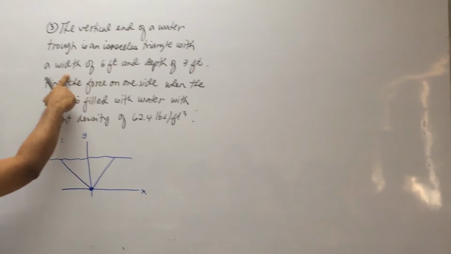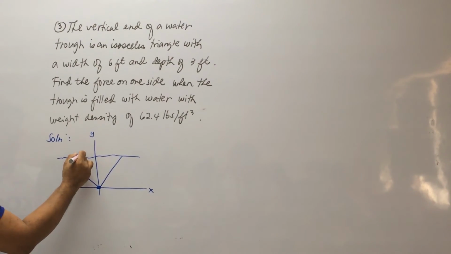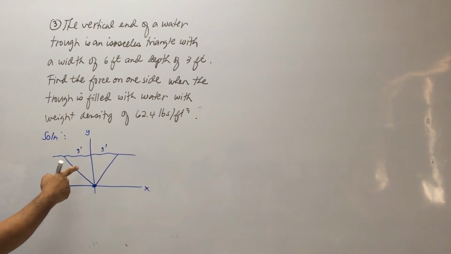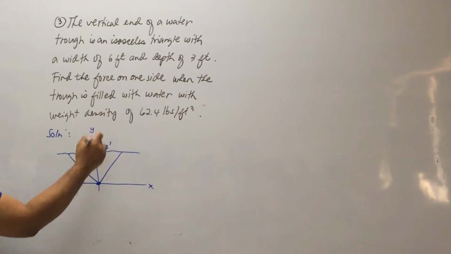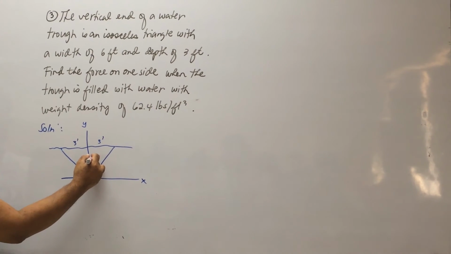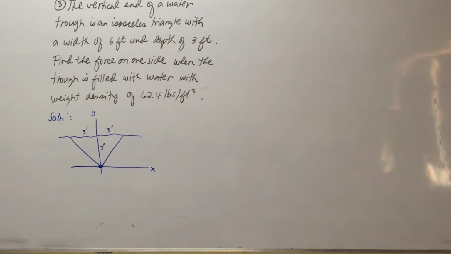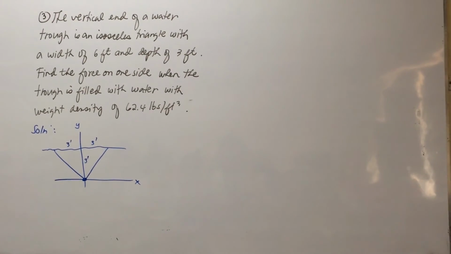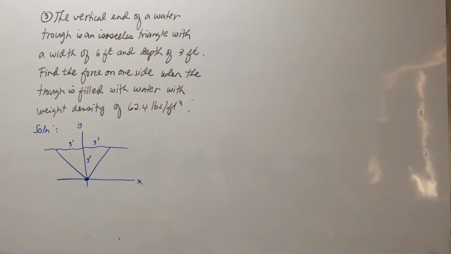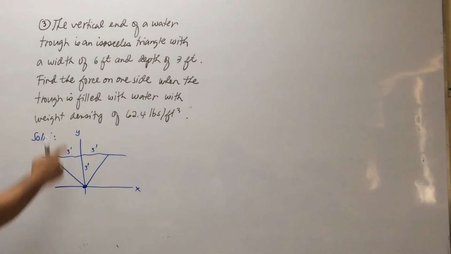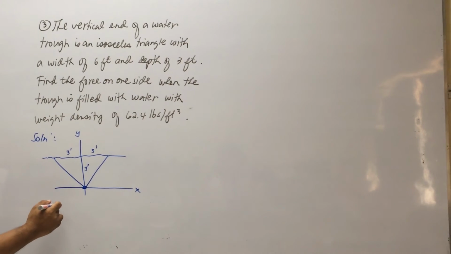So we have a width of 6 feet, so let us have this as 3 feet, and the other one 3 feet, a total of 6 feet. Then a depth of 3 feet, so let us have this as 3 feet. The trough is filled with water with weight density given as 62.4 pounds per cubic foot. So we're going to find the force on one side.